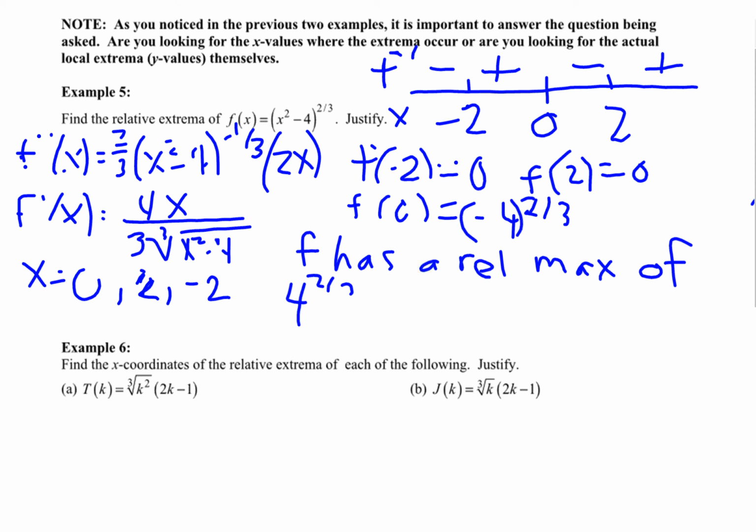Sorry. So if you square it, ends up being positive. So f has a relative max of 4 to the 2/3, and since f prime goes from positive to negative there, and f has a relative min of 0 at x equals 2 and x equals negative 2, since f prime goes from negative to positive at those values.